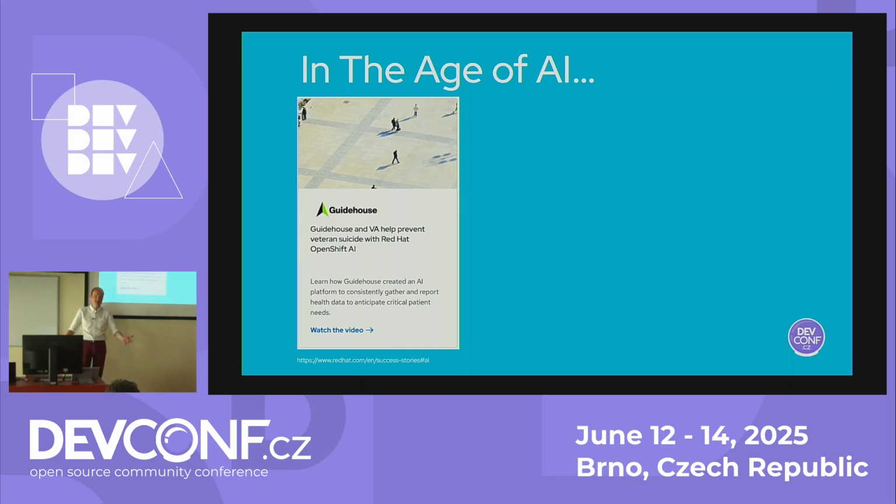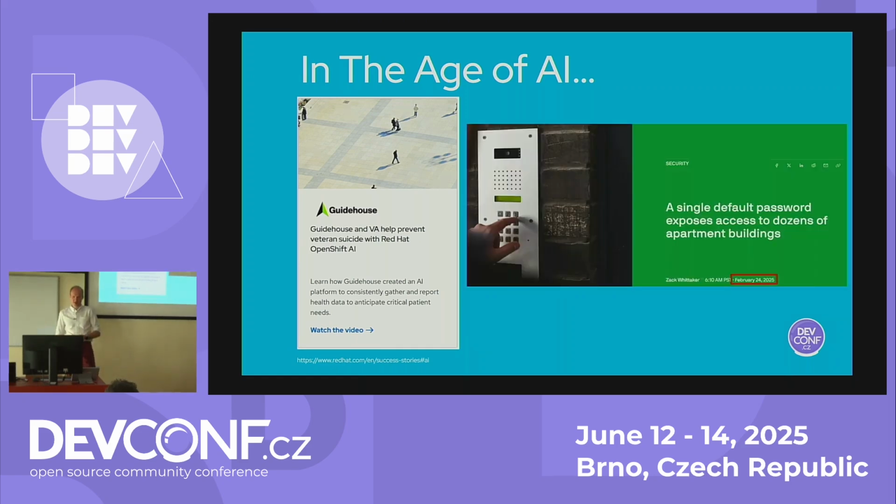And all of these innovations. On the other hand, keep in mind the date here in the little square. It's February 2025. A single default password exposes access to dozens of apartment buildings, right? So these two things are happening simultaneously. That's why the CRA came into the picture.